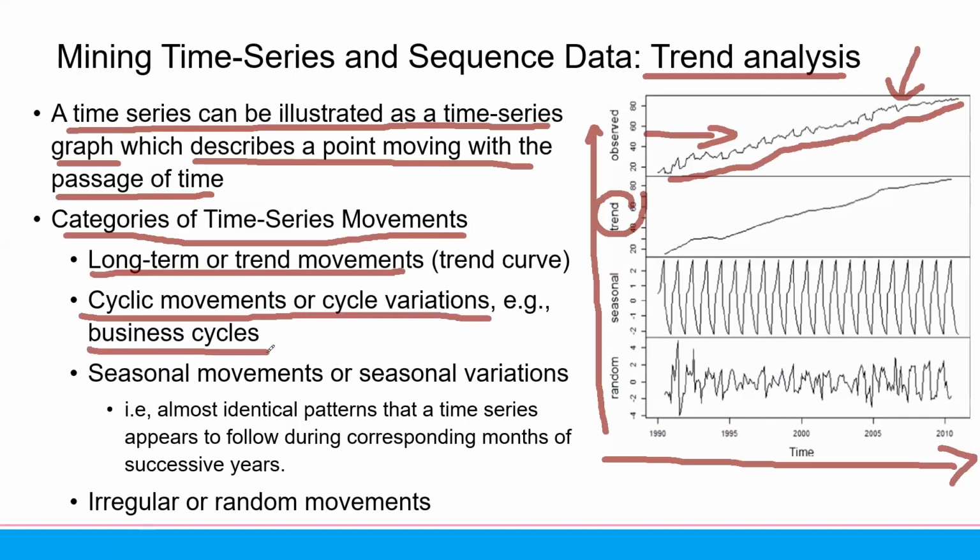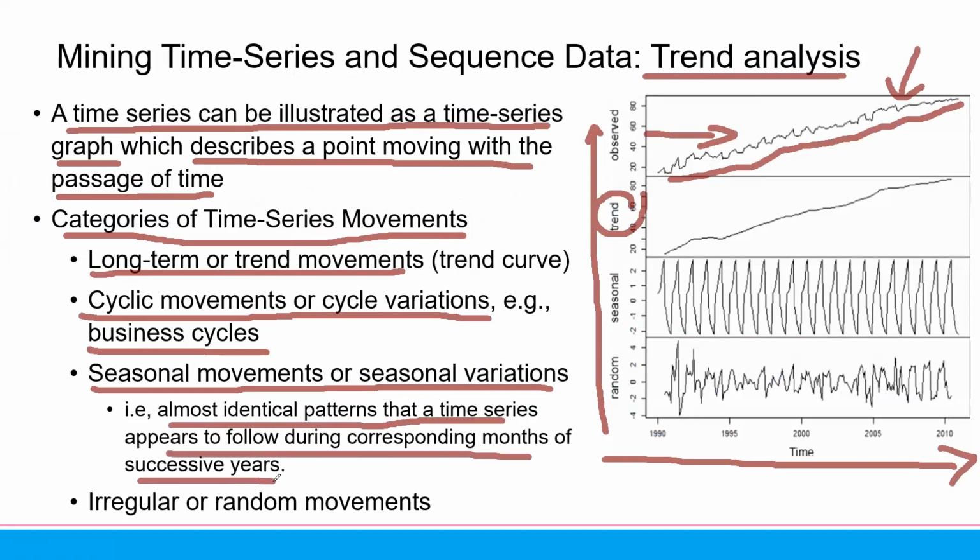The business cycles, for example, we have every year, or maybe we have the business cycle every January, or every Christmas. Seasonal movement or seasonal variation is an almost identical pattern that a time series appears to follow during the corresponding months of successive years.